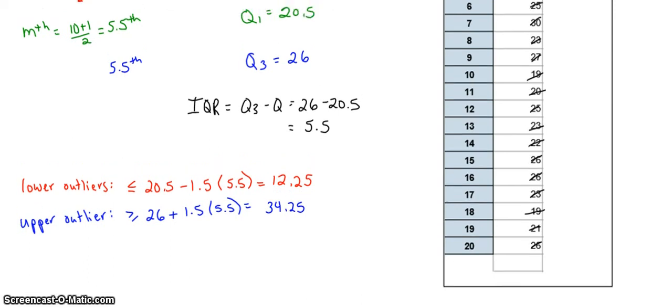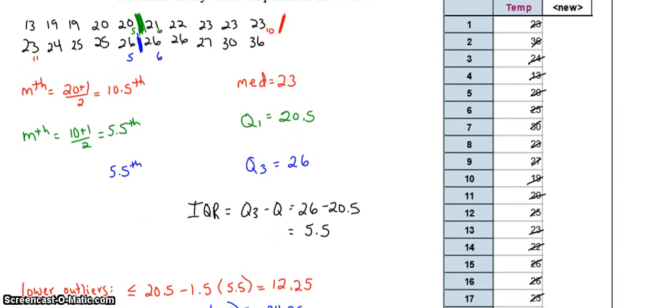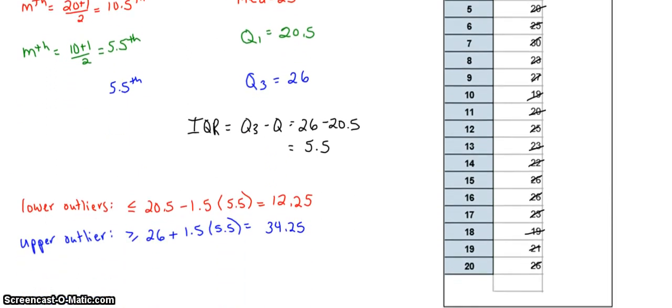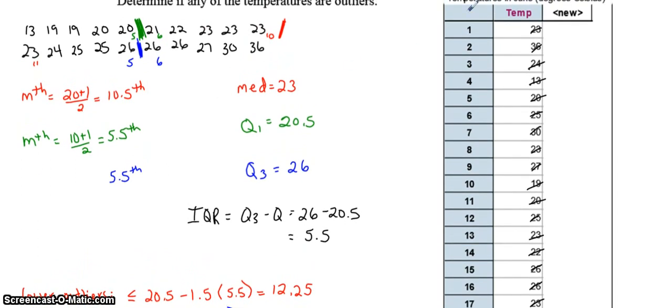So anything greater than 34.25 is an upper outlier. So this 36, and the 36 is right there. This one right here is an outlier.